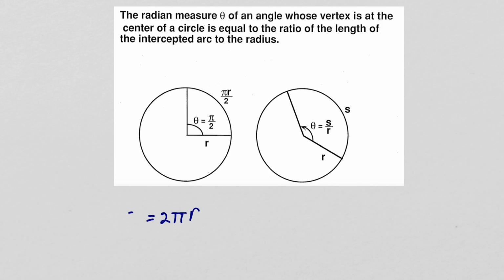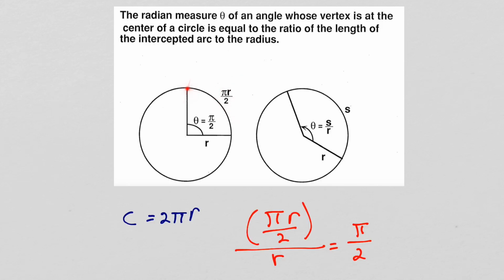If we have an angle of 90 degrees, we know that the arc length at that angle intersects will be 1/4 of the circumference, or pi r over 2. If we take this arc length, pi r over 2, and divide by the radius r, we get pi over 2. For an angle of 90 degrees, the ratio of the arc length to the radius will be the same no matter what size circle we have.